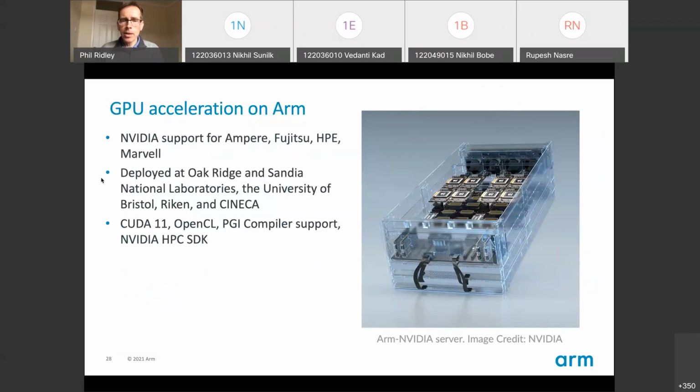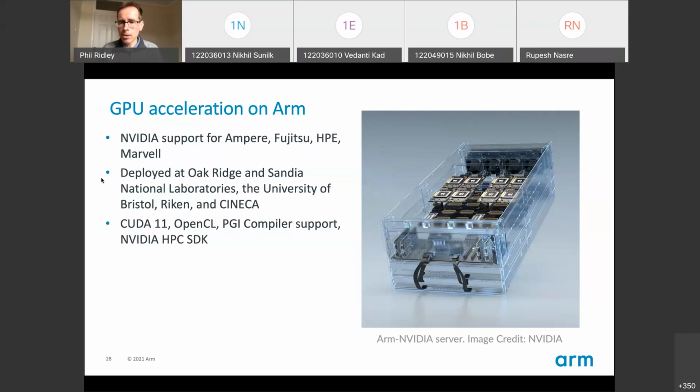One other thing to note is that you can add GPUs to ARM-based processors. So we have systems already being used that are using Marvell ThunderX2 CPUs with NVIDIA GPUs bolted on.